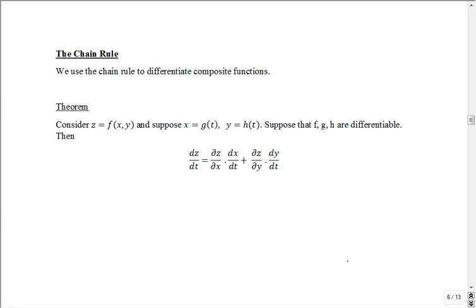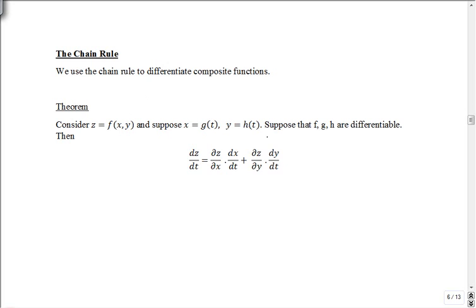Then, how do you get dz/dt? Now notice, this is not the curly d. This is the straight d, because z is only a function of t. There's just one variable. But it is partial z partial x, because z is a function of two variables, times dx/dt plus partial z with respect to y times dy/dt.